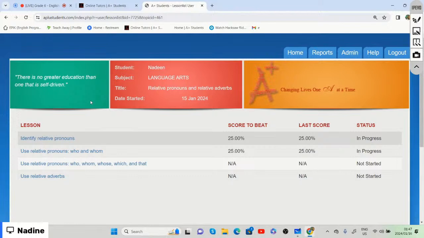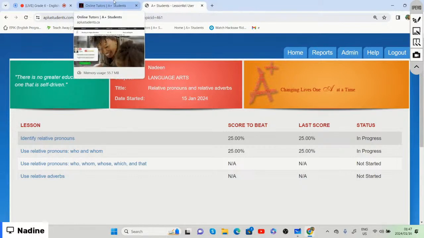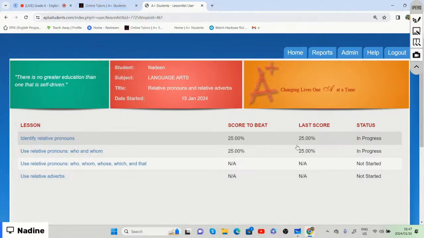So this is now the end of our lesson on relative pronouns and relative adverbs, right? We specifically focused on identifying relative pronouns using who and whom.